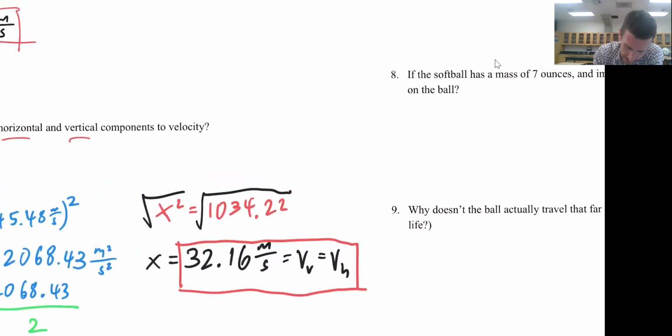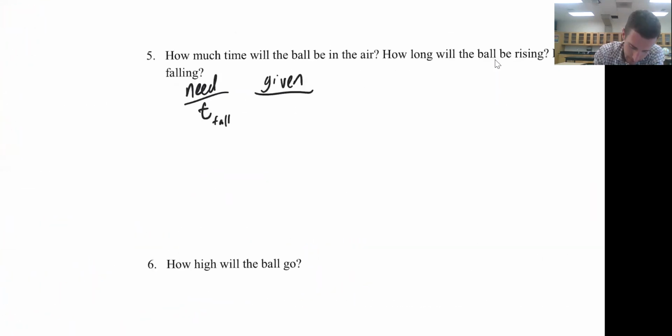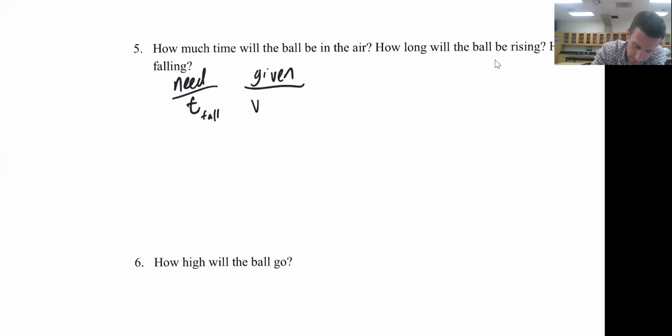So I do know that the vertical velocity is 32.16 meters per second. And then there's one other thing that I always know about things that go up and down, and that's the acceleration. I know that the acceleration due to gravity is always 9.8 meters per second squared.